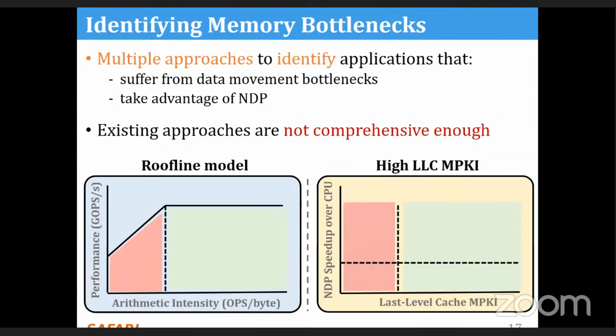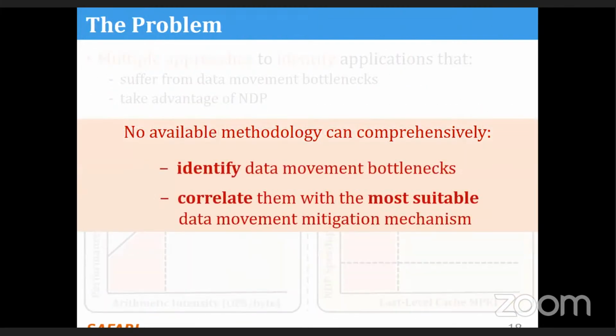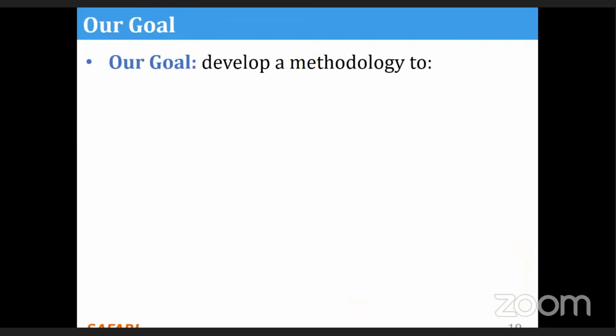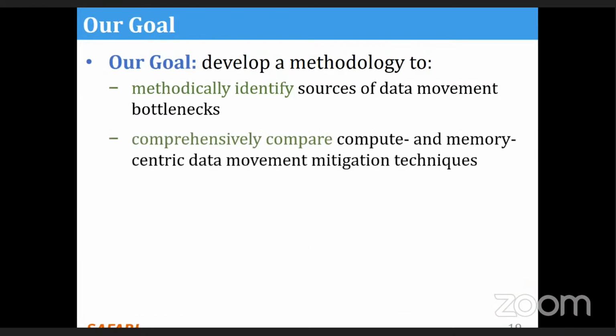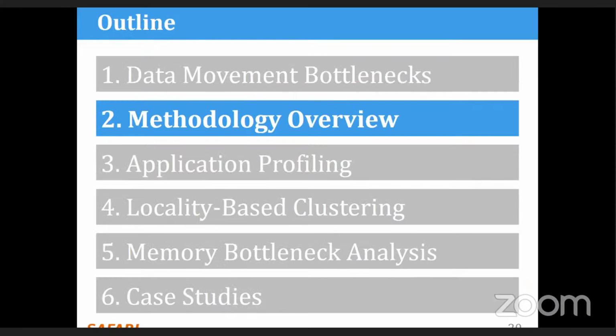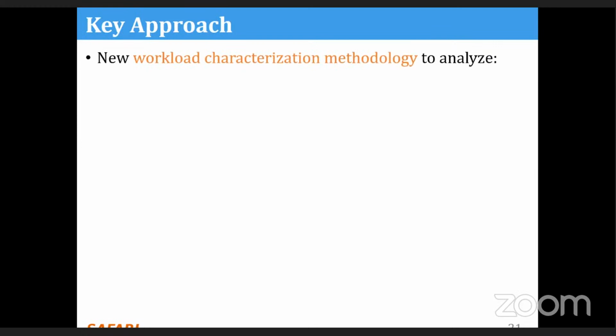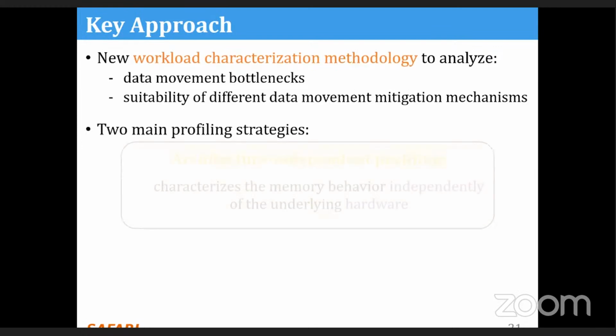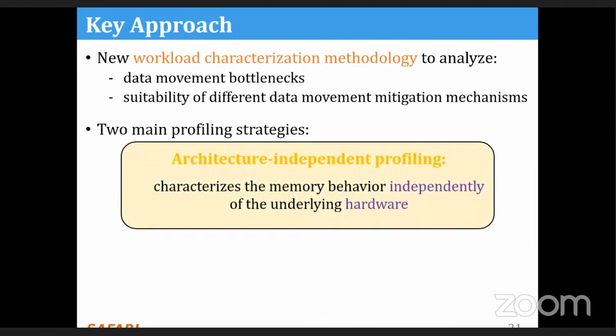This is why we believe that we need a new methodology to identify the data movement bottlenecks and correlate them with the most suitable data movement mitigation mechanism. So we propose a methodology with these goals in mind, and the methodology has 3 different steps. Essentially, it is based on analyzing the workloads in different ways, profiling them.